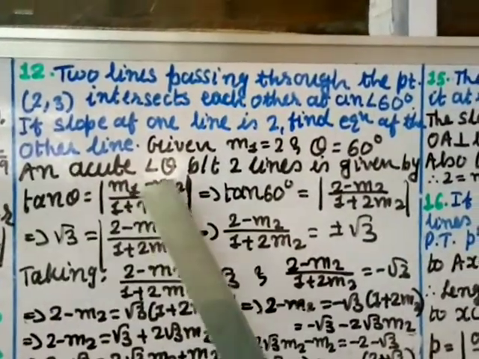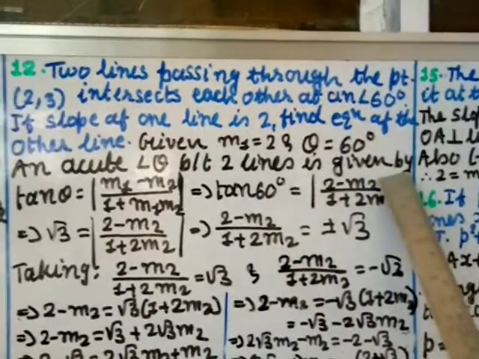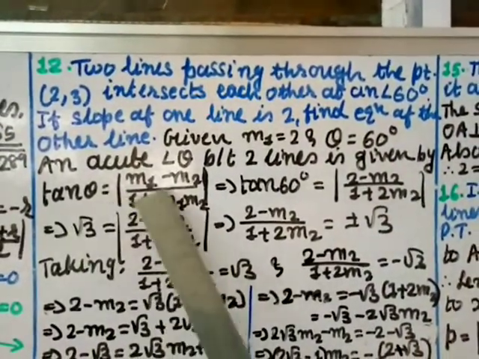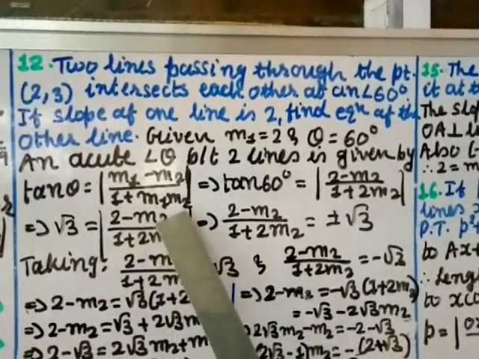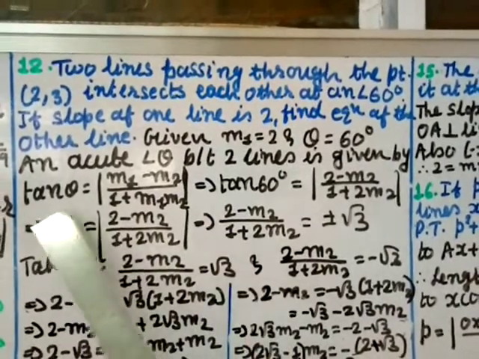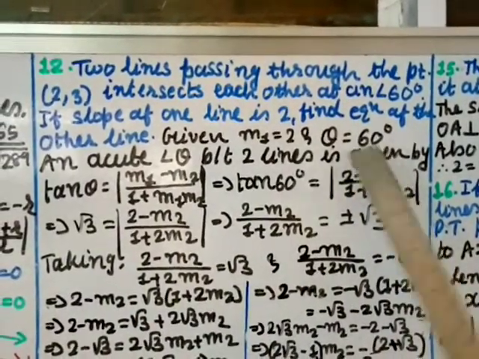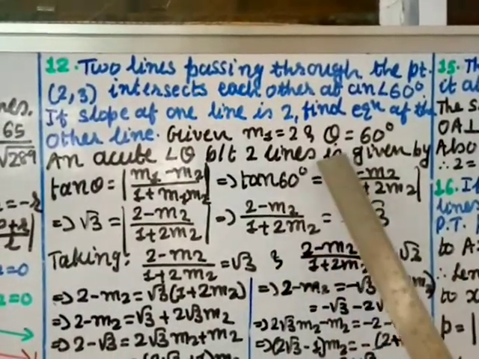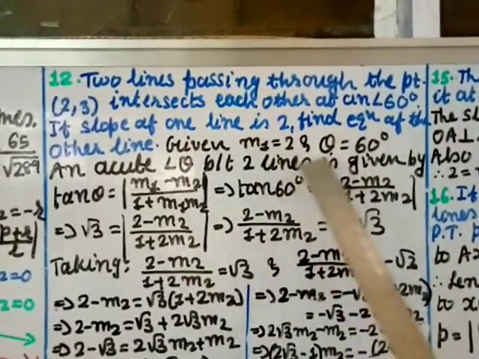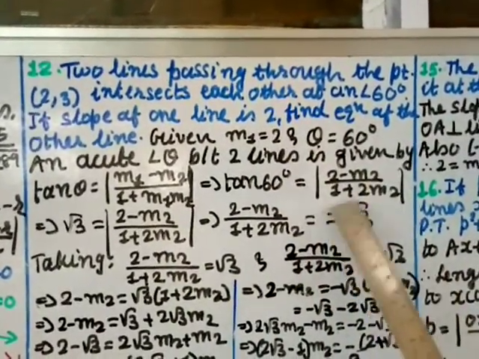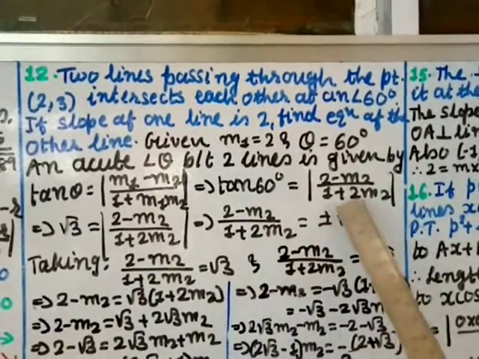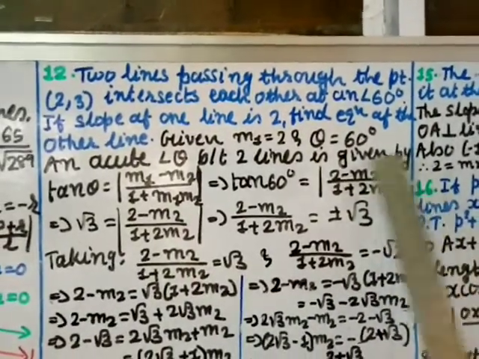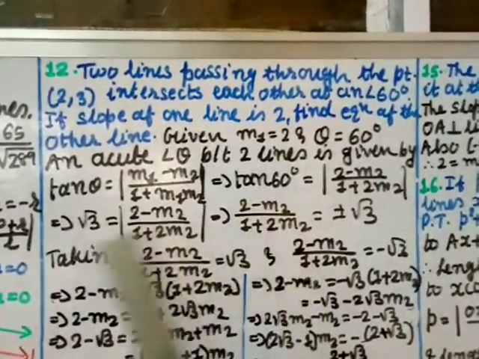An acute angle theta between two lines is given by tan theta equal to modulus of m1 minus m2 divided by 1 plus m1 m2. This implies tan 60 degrees equal to modulus of, I am calling m1 as 2, so 2 minus m2 divided by 1 plus 2 into m2.